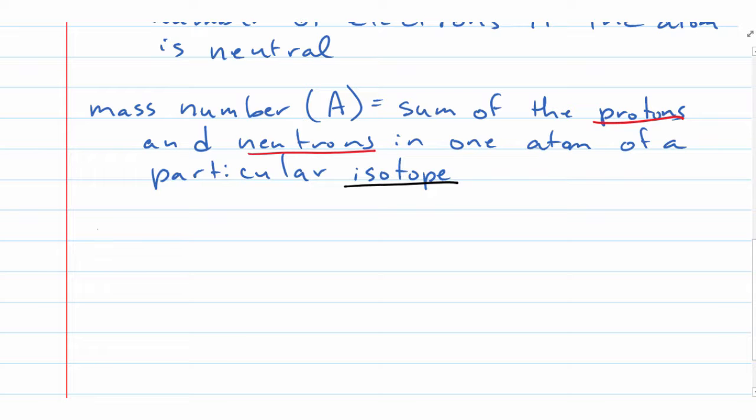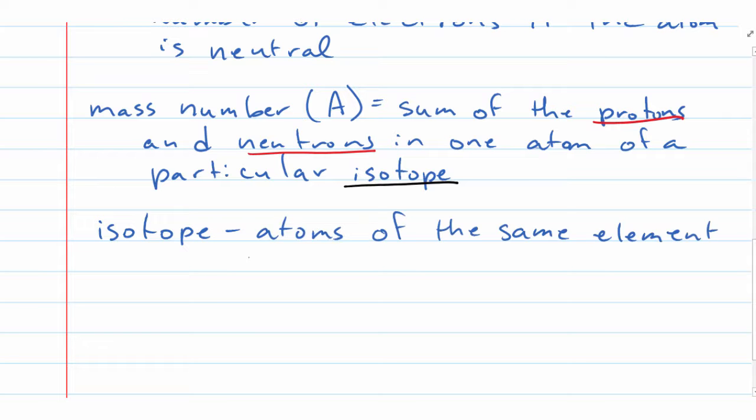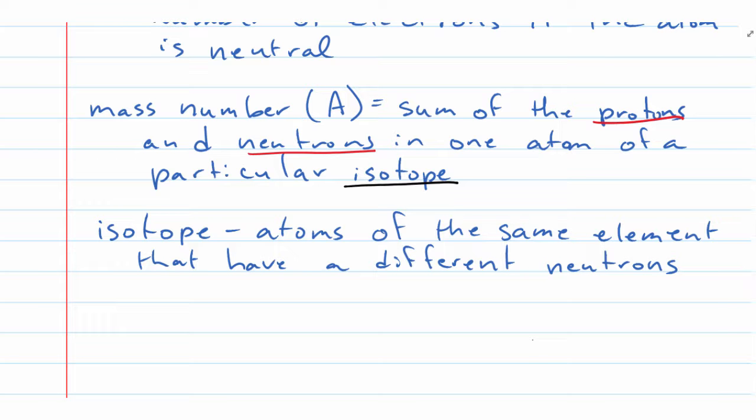And we define an isotope like this. We define an isotope as being atoms of the same element that have a different number of neutrons. So if we're talking about the same element, that means they're all going to have the same number of protons.